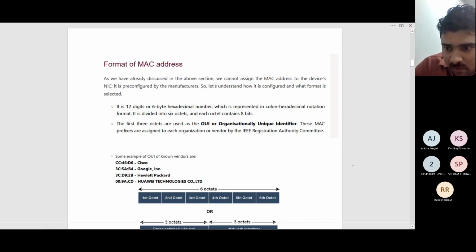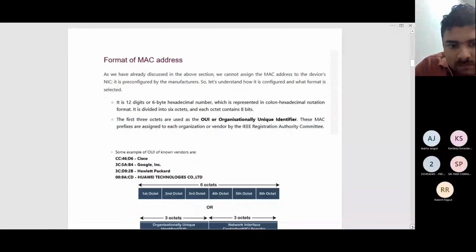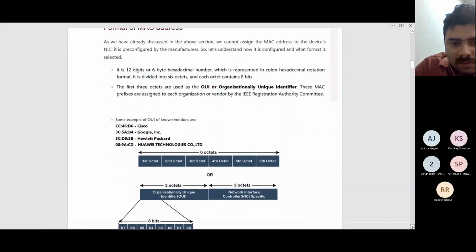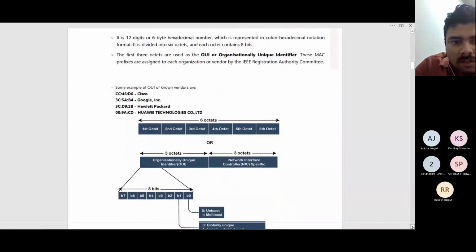Some examples: every vendor has their own unique identifier. The first one, 00:6B:CC? 46D6, is Cisco proprietary.